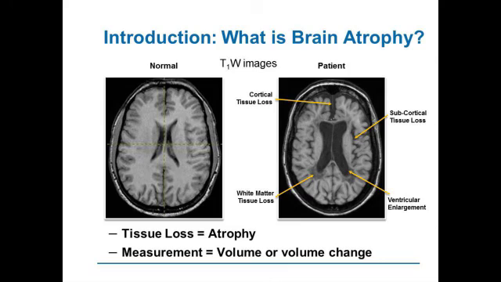And this tissue loss can be at different levels. We can have a tissue loss in cortical or subcortical regions of the brain. We can have a white matter tissue loss, and everything is witnessed by ventricular enlargement. So a measurement of brain volume, from the technical point of view, is a measure of volume or a measure of volume change.